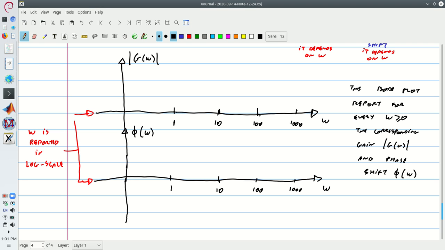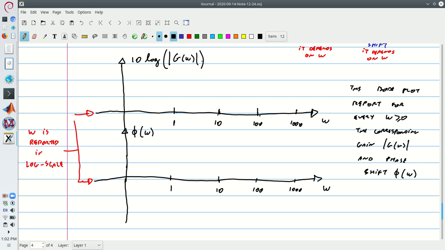So this is one thing that you need to remember, and there is another thing that involves only the gain. The gain is reported not in its standard value, but in decibels. What are decibels? If you want to convert a quantity into decibels, you take 20 times the logarithm of the quantity. So let's be precise, it's going to be 20, but let me put 10 here.